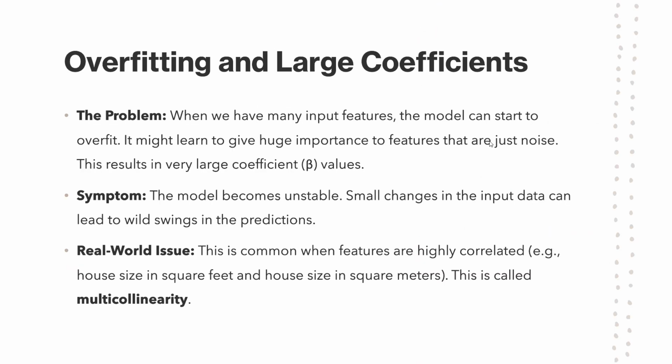Now, what is the drawback of this multiple linear regression? The major drawback is overfitting because of large coefficients. Because we have so many features, the model just learns based on the data and it does not know how important each feature is. Because of which, if you train it for a long period of time, it is very much possible that features that do not really affect the data as much in real time, the model may perceive to be very important.